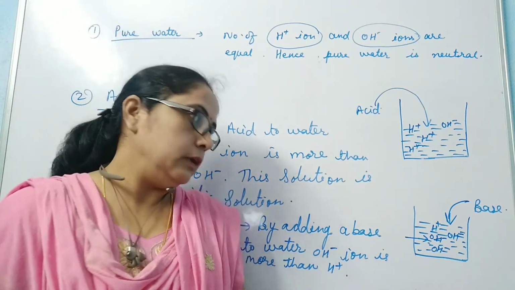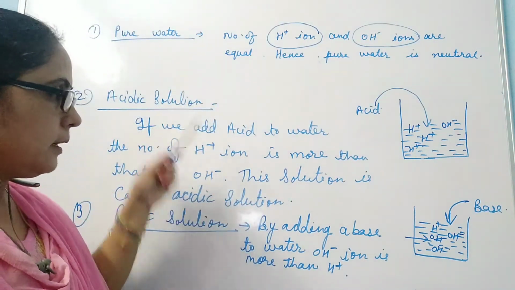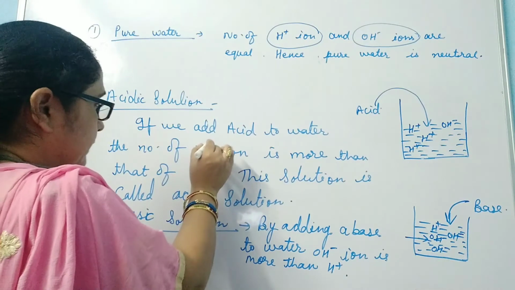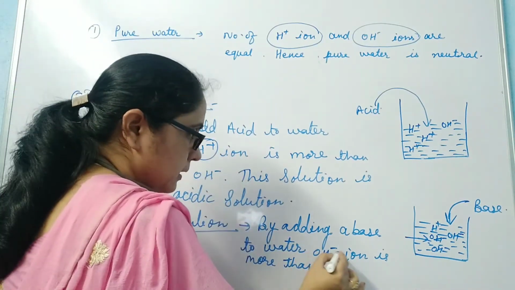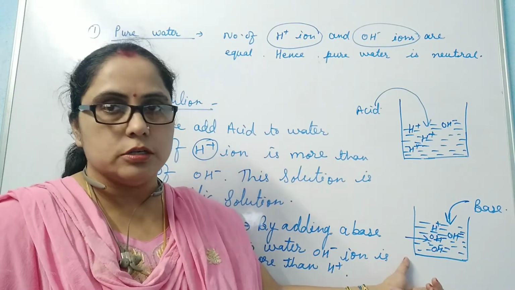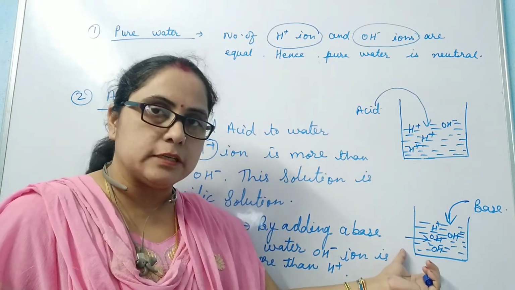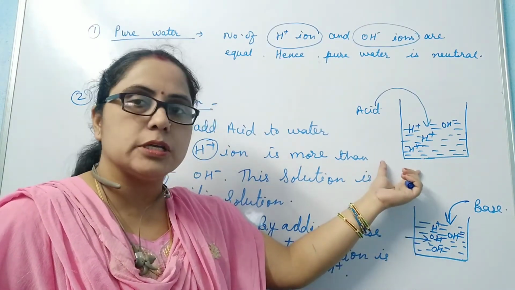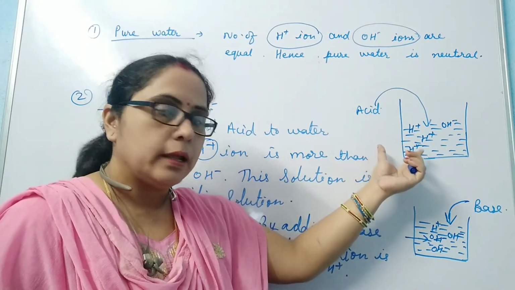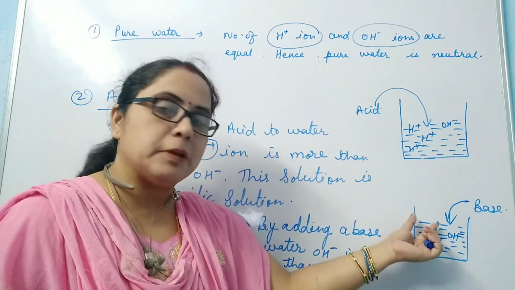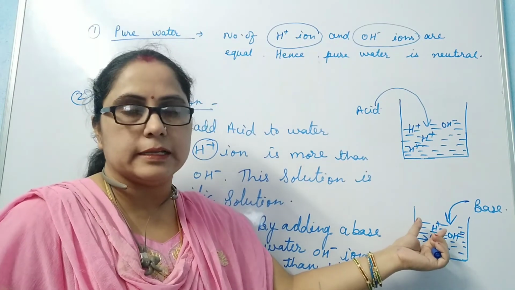But we concluded from this, the H plus ion is present in both solutions, either in the acidic solution or in the basic solution. In acidic solution, H plus ion is more, and in basic solution, H plus ion is present but in lesser number.